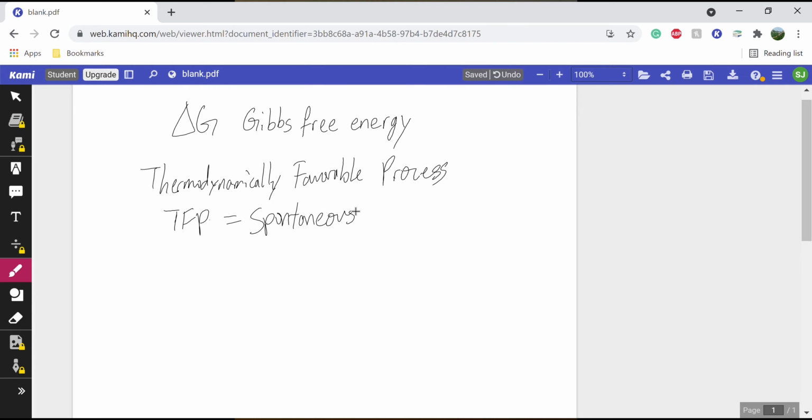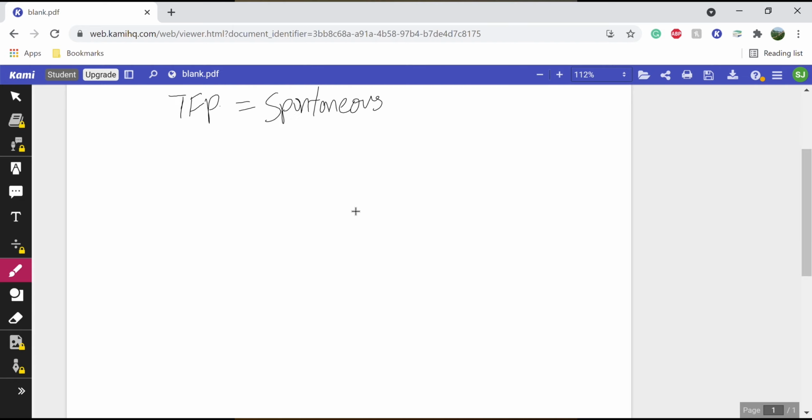Now to calculate deltaG, we have mainly two ways. So first is the way that we use for delta S and delta H: the deltaG reaction is equal to the sum of number of moles times the deltaG in products, minus the sum of number of moles times deltaG in reactants.